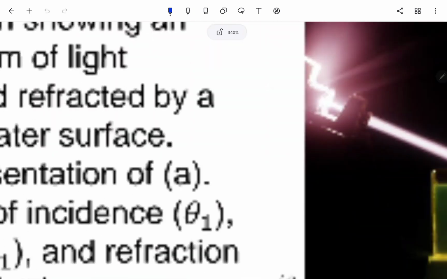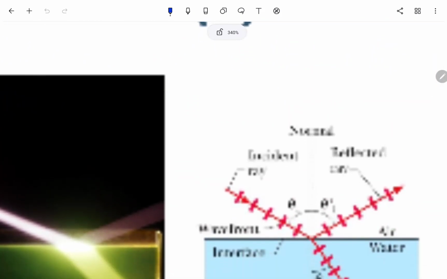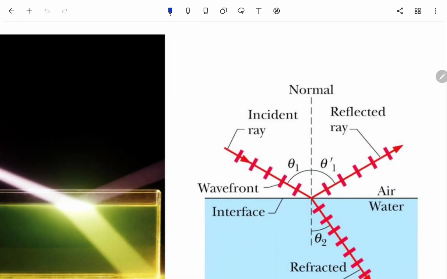So in this graph, we have the incident ray here. This is the angle of incidence, and this is the angle of reflection for the reflected ray. So we have theta 1 equals theta 1 prime.